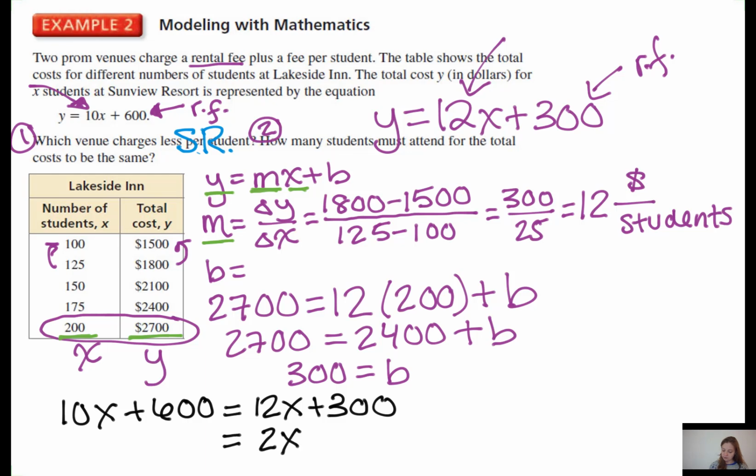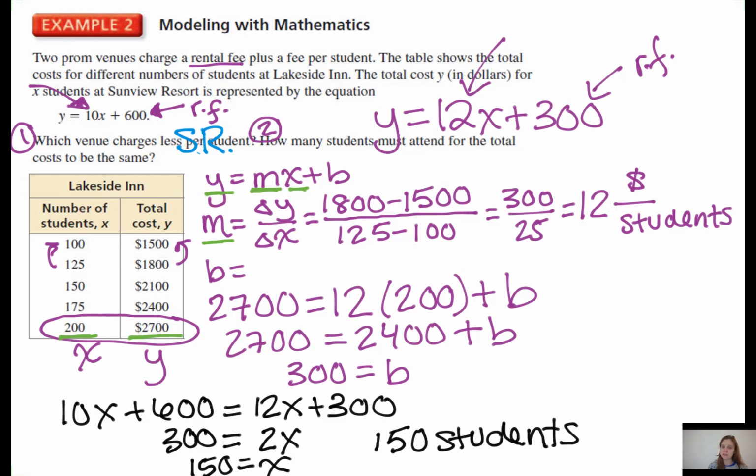You get 2x equals, get the 300 on the other side by subtracting 300. Divide both sides by 2. You get 150 equals x. x is students, so it takes 150 students for the total costs to be the same.